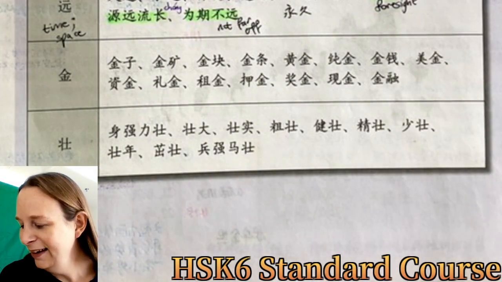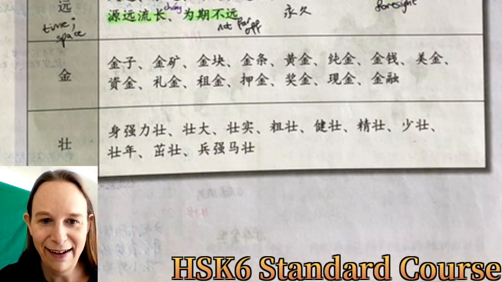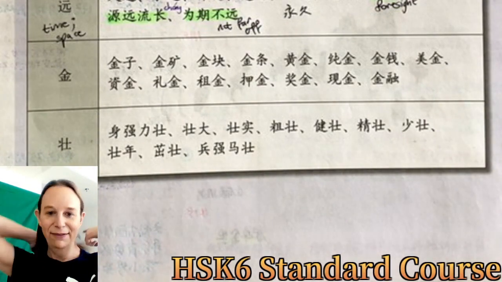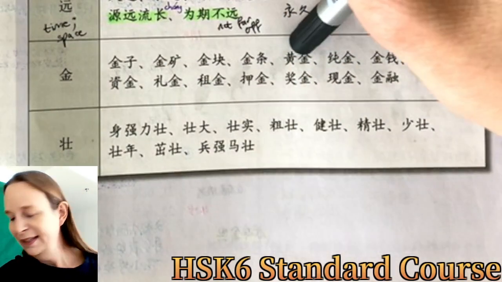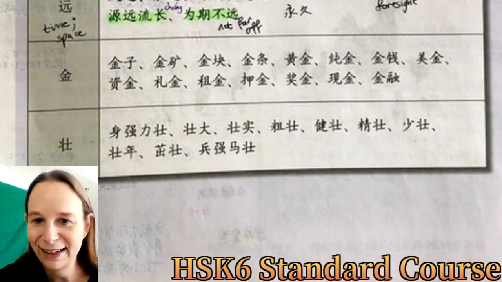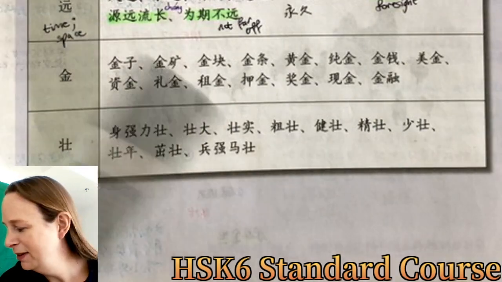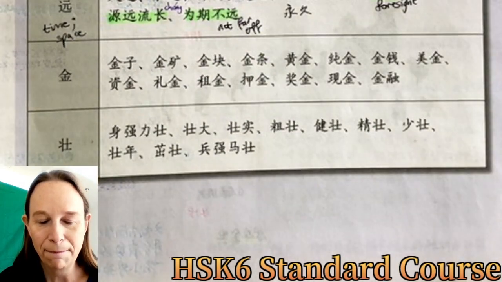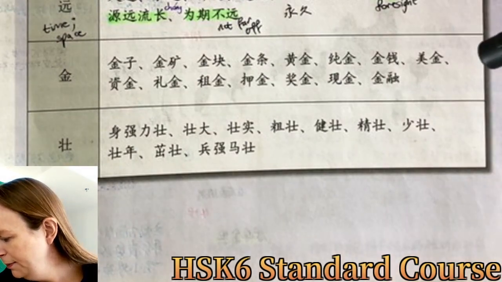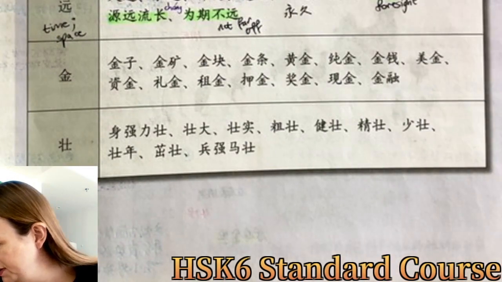Next, Jin. Okay, you probably know this character. Jin. So it means gold in Huangjin. It's on the periodic table. If you look up gold on the periodic table, it's Jin. You probably know Jinshu. Where's Jinshu?